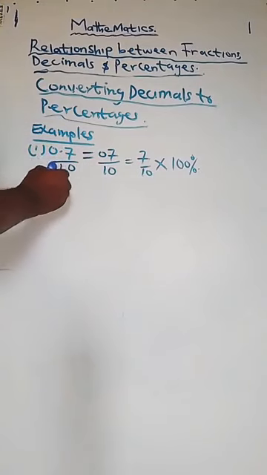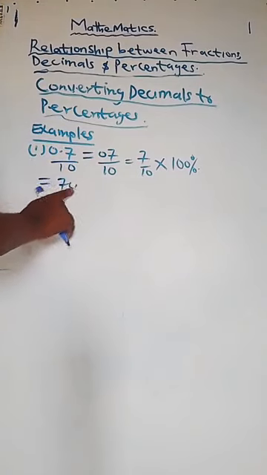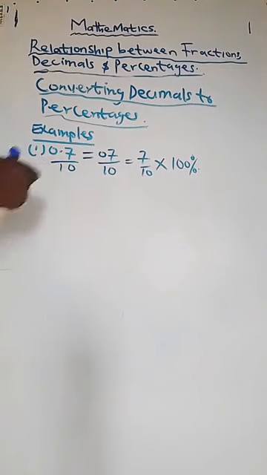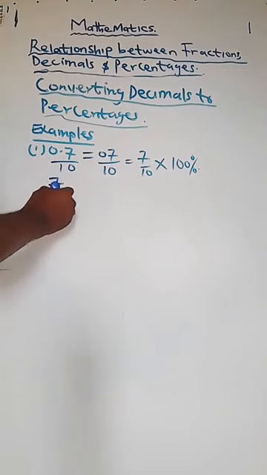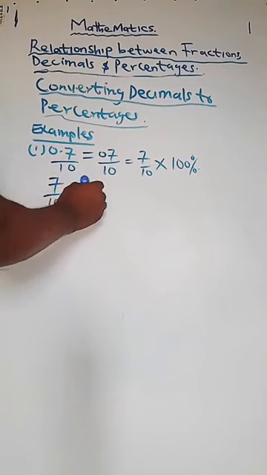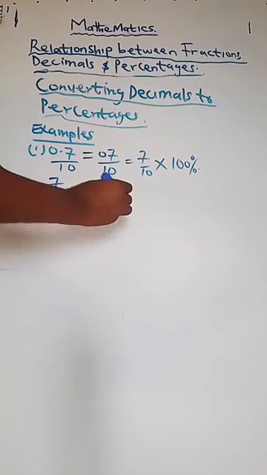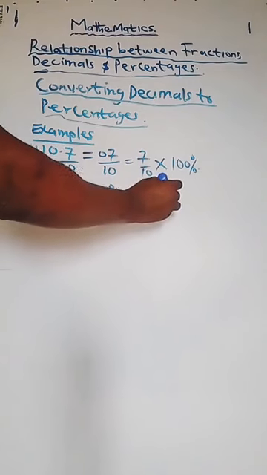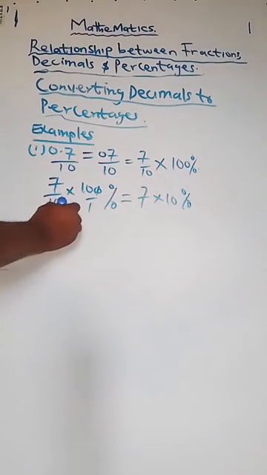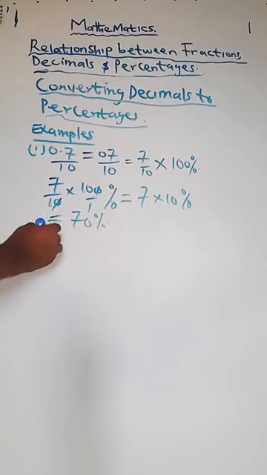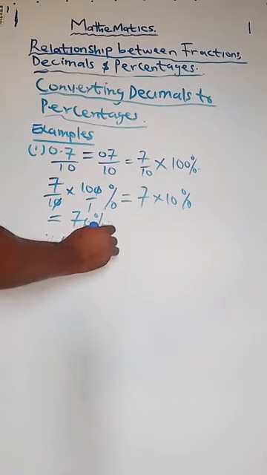So this will now become 7/10 times 100/1%. So 10 here, 1. So what do we have? We have 7 times 10%. So the answer is 70%. So therefore, 0.7 is the same thing as 70%.